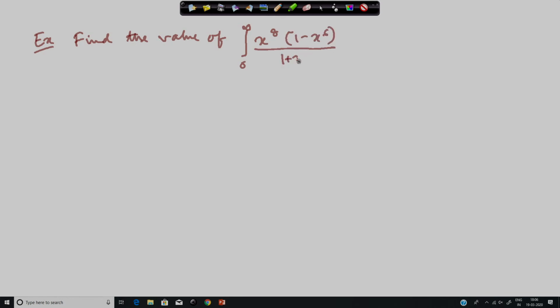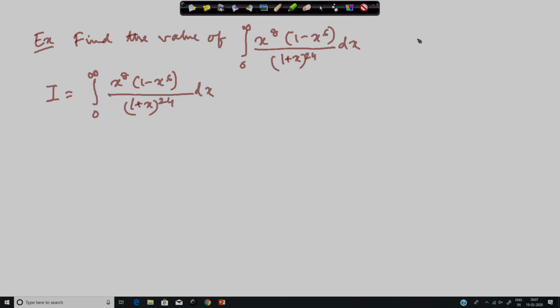Find the value of the integral dx. Let I be this integral.